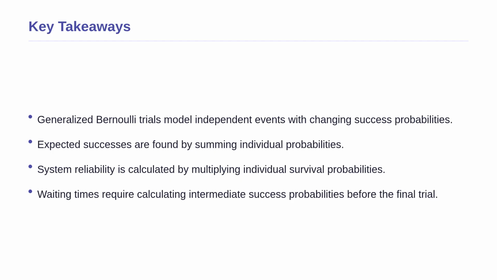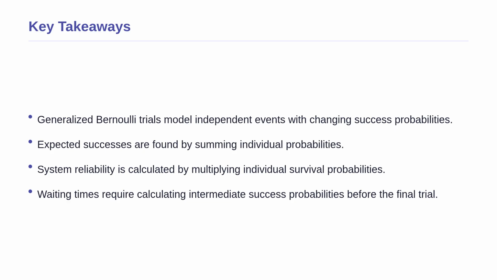We have covered a lot of ground today, so let us summarize the key takeaways. First, generalized independent Bernoulli trials allow us to model real-world situations where the chance of success changes over time but the events remain completely independent. Second, by assigning a unique probability to each trial, we can accurately calculate expected successes using the sum of probabilities and system reliability using their product.